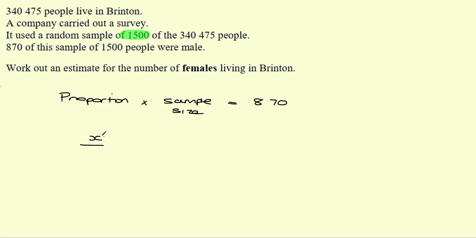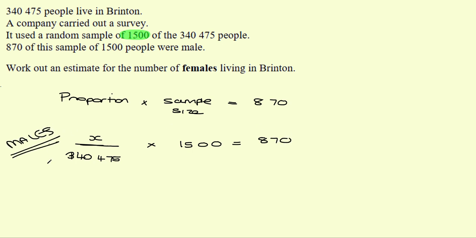We don't know how many people there are who are females, but we do know it's out of 340,475. And if I times that by 1,500, which is the sample size we want, we're going to be getting to 870, and that is for the males. So we're just talking about males at the minute.